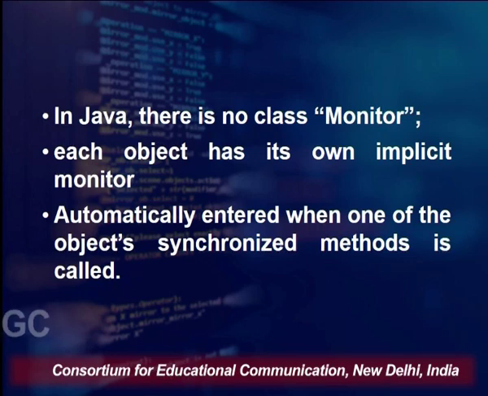So, if we want the object to enter that small box, that monitor, we need to call the object's synchronized method. And once a thread is inside that synchronized method, no other thread can call any other synchronized method on the same object.